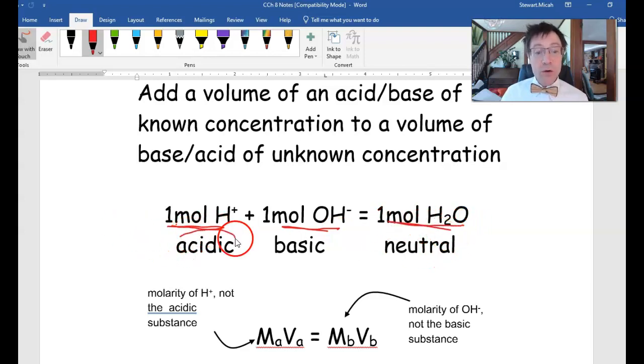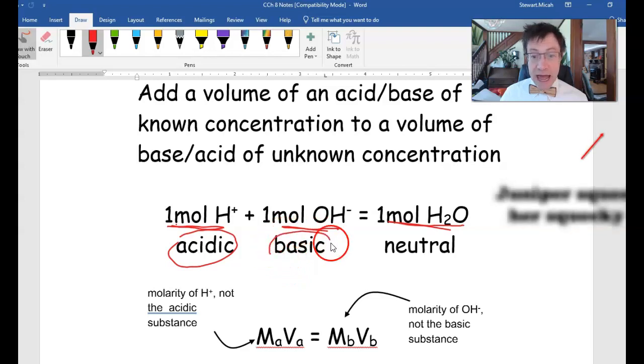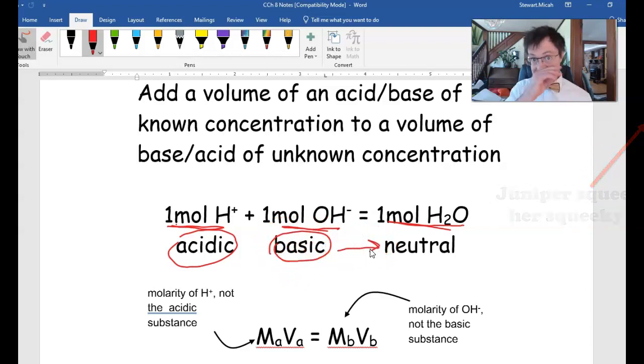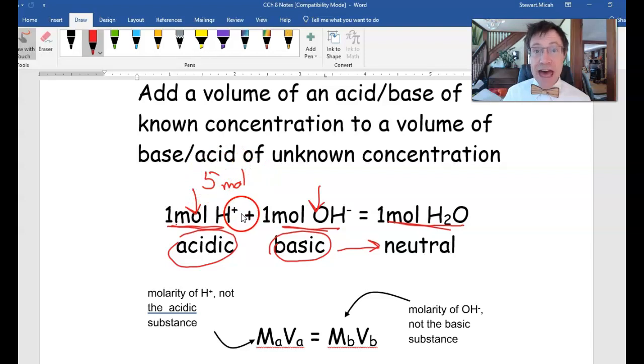So we start with something that is acidic, and we add something that's basic, and we end up with something that is neutral. You guys get what I'm saying? So one of these two, whether it's this one or this one, is going to be the unknown, and the other one, we know exactly the concentration. So if we had, for example, let's say we added 5 moles of acid, how many moles of hydroxide do we have?